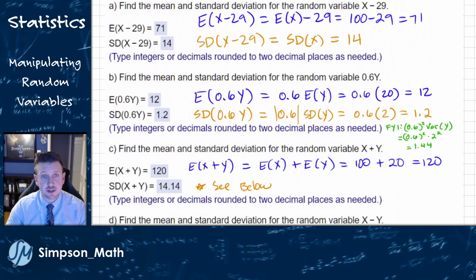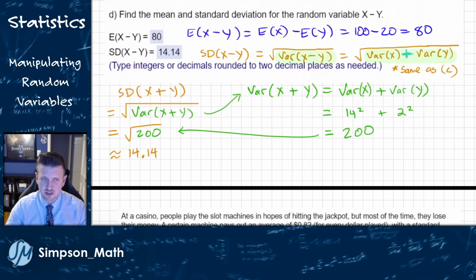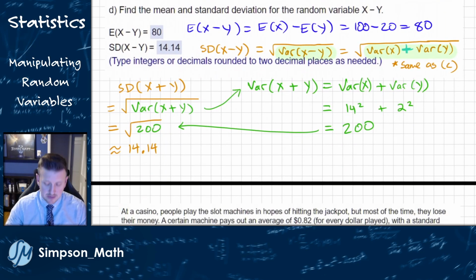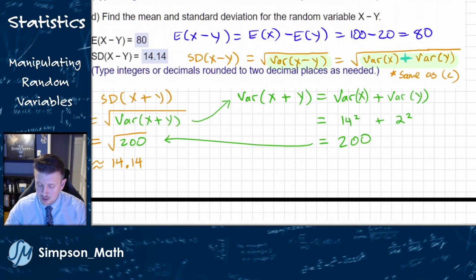All right. Now let's do the standard deviation. I have this worked out below because we need a little bit more room for that. I need to find the standard deviation of x plus y. I recall that I need to do that at the variance level. So the standard deviation of x plus y is going to equal the square root of the variance of x plus y, because I have to do this as a variance. I'm going to do my variance work over here. I know that we have a property that says I can break this apart because it's a variance, and make sure this is a plus.